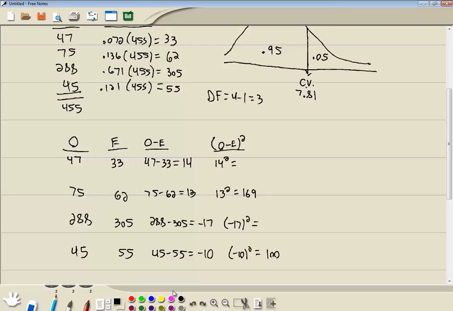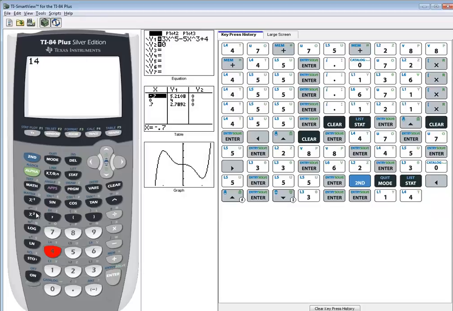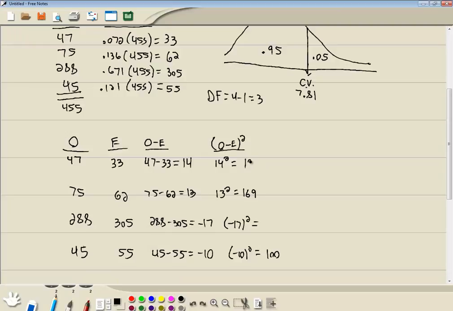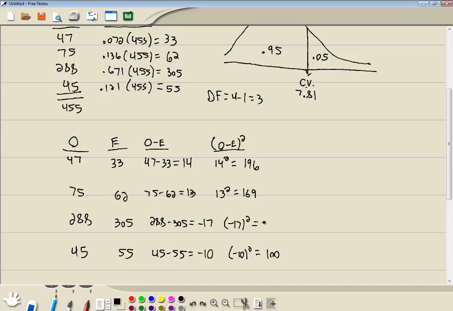I think 14 squared is 196, but let's see. 196. And negative 17 squared. Of course, anything squared is positive. 17 squared is 289.